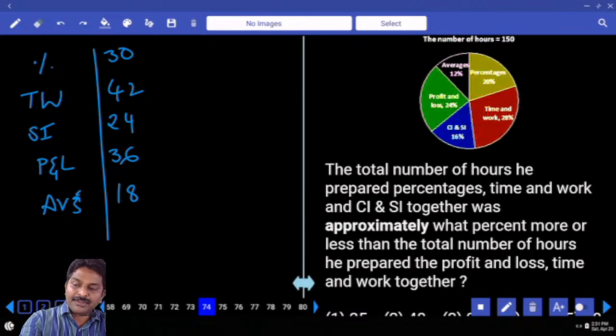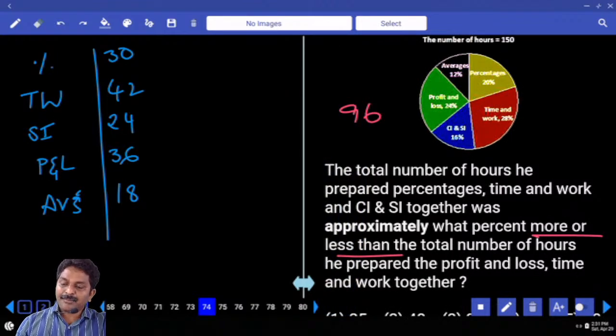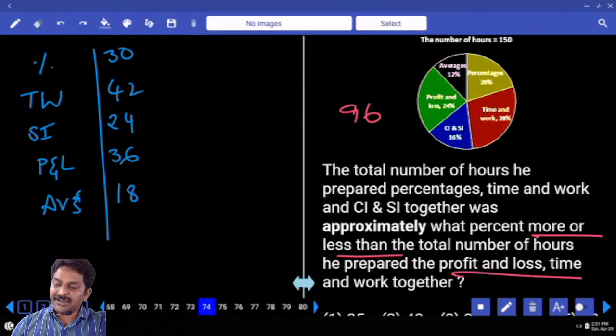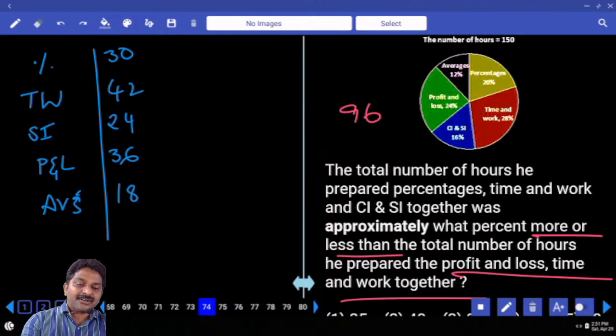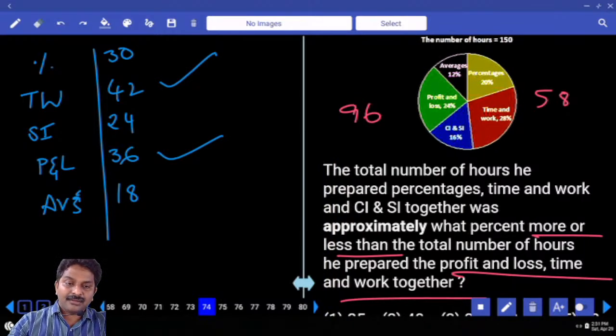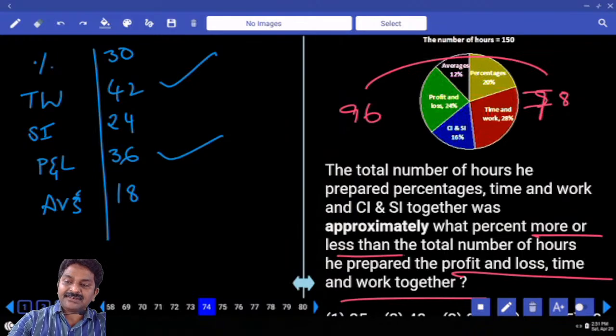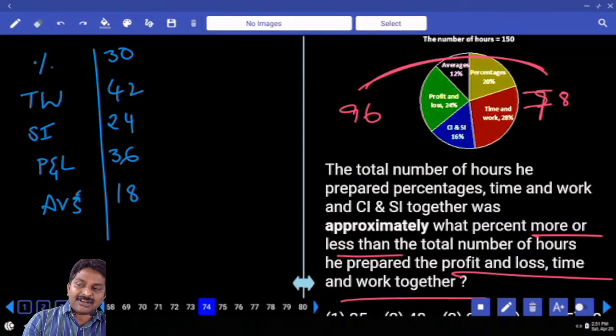96 is approximately what percent more or less than the number of hours he prepared for profit and loss, time and work, both together. 78. With respect to 78, 96, is it more or less?